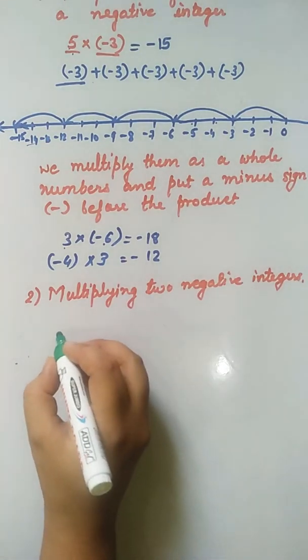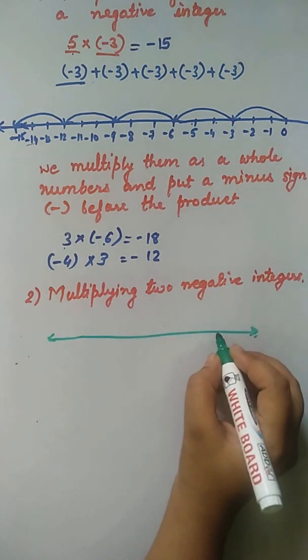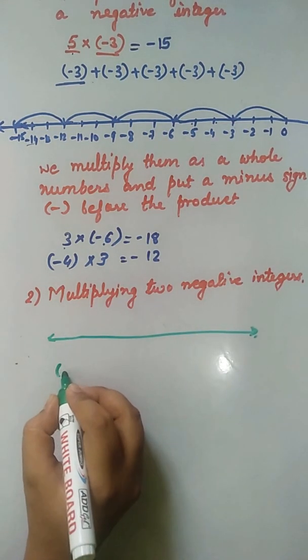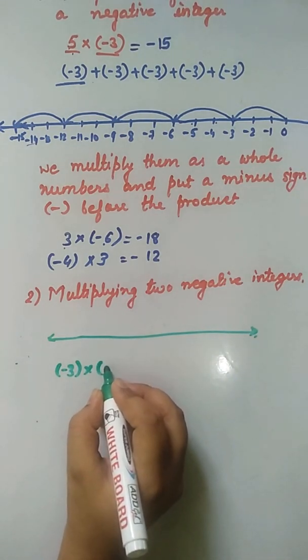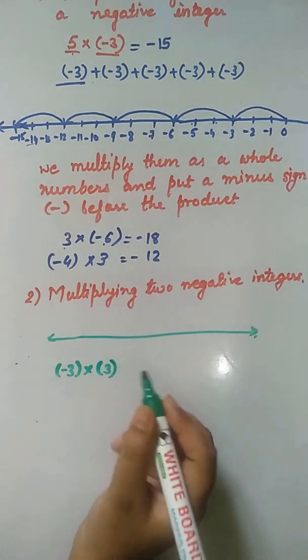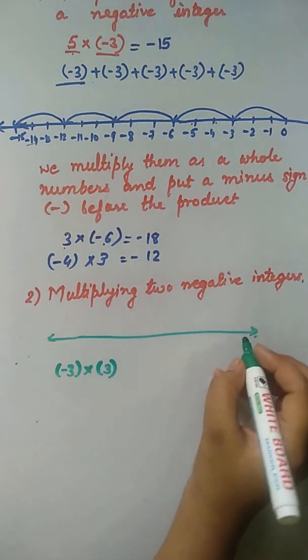I am going to explain this through the number line. First I am going to multiply minus 3 into 3, the previous one, where one is negative and one is positive.